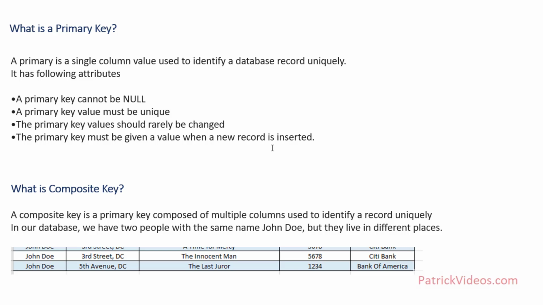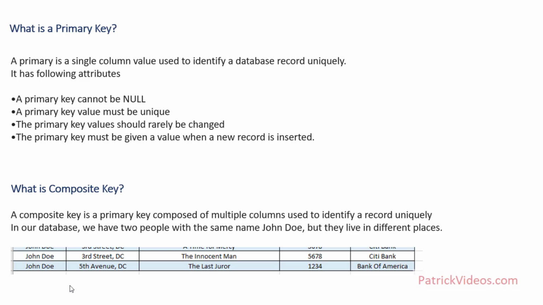Now, what exactly is a composite key? Sometimes what happens is, if you cannot have a single value that is unique to be defined as a primary key, then we will see if a combination of two values make it unique. For example, the name here cannot be the primary key because we have two different people with the same name called John Doe. This John Doe belongs to 3rd Street DC and this John Doe belongs to 5th Avenue DC.